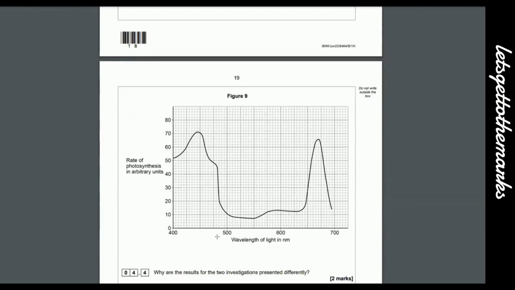So you're looking at the lowest part of here, I reckon around there. So that's where our green light is. Okay, cool. Does it really matter? 480 to 520 sounds good to me. Okay, that is the wavelength of green light according to my incredible calculations.